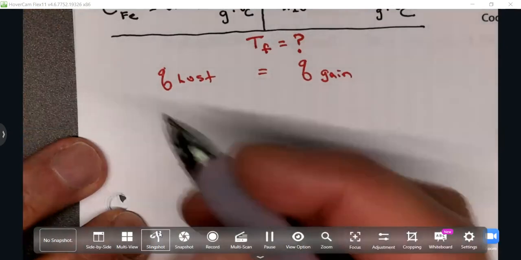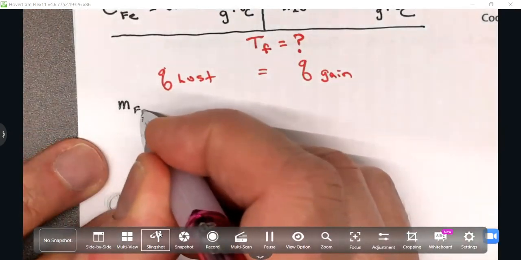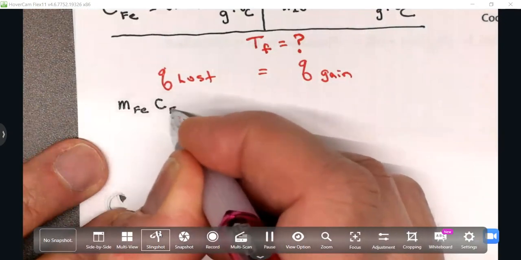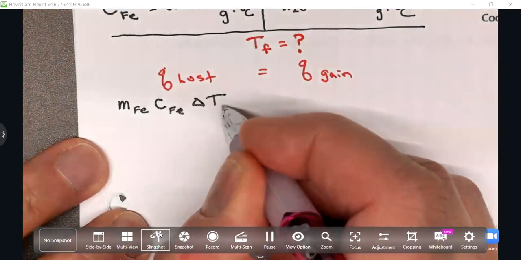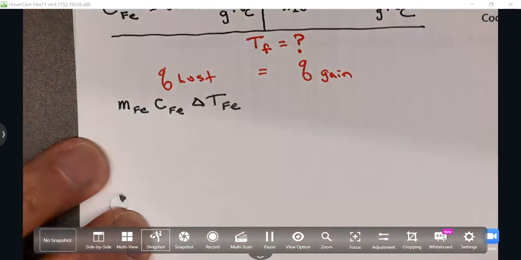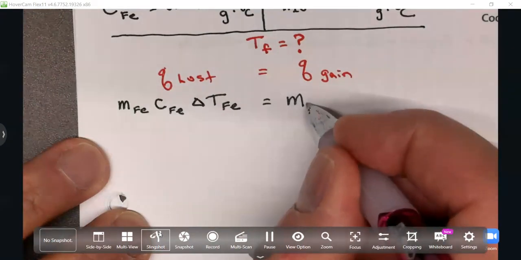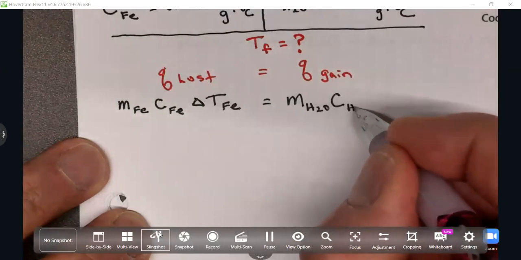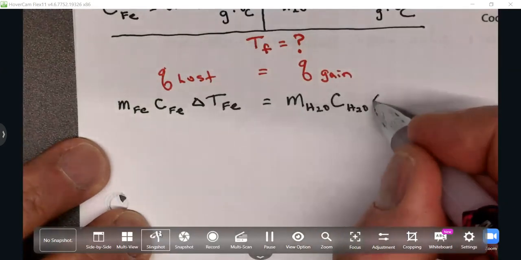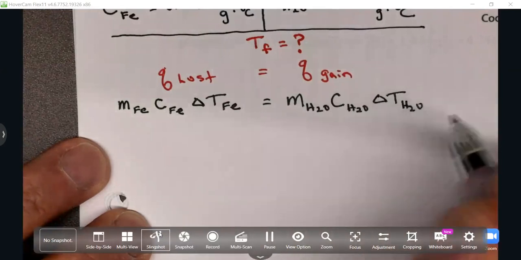And what's going to lose heat is going to be my mass of my iron, specific heat of my iron, change in temperature of my iron, and gain is going to be my mass of water, specific heat of water, and change in temperature of the water.